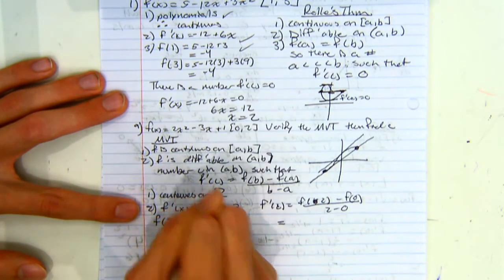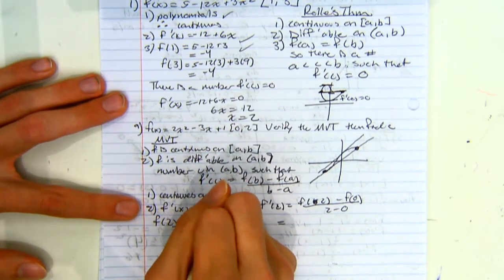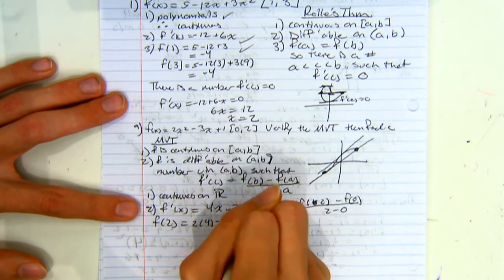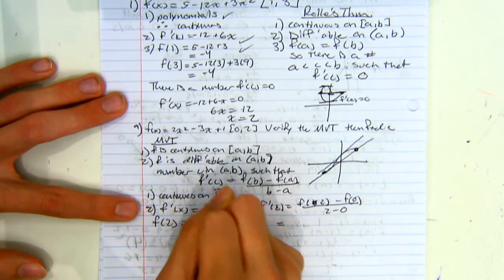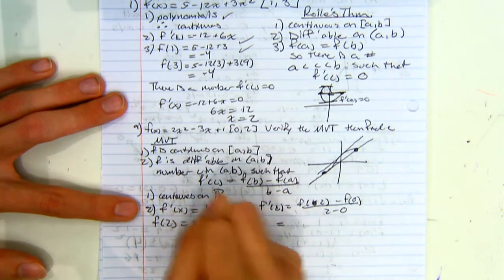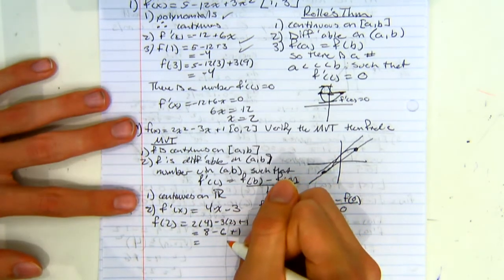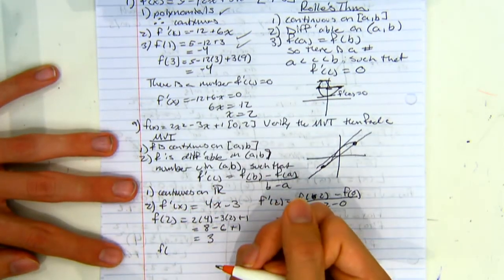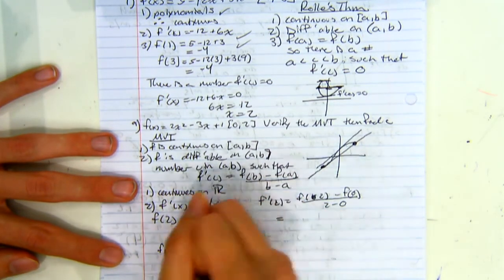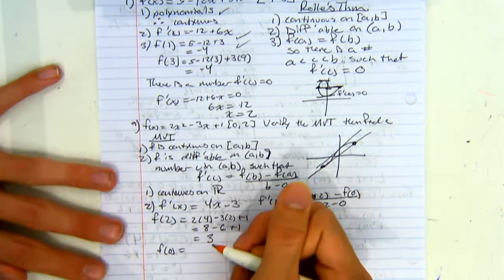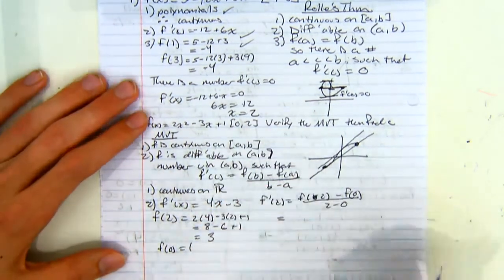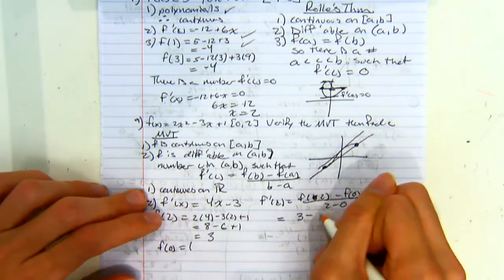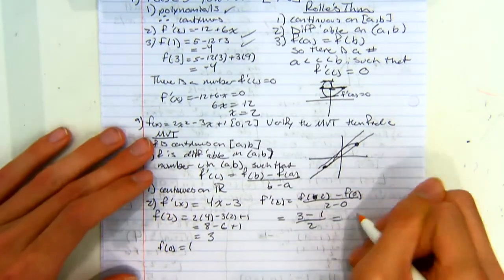So f of 2 is going to be equal to 4 minus 3, 2 plus 1, which is going to be equal to 8 minus 6 plus 1, which is going to be equal to 3. And then what was this one? A is 0, so we plug that one in, and we just get 1. So f of 2 is 3 minus 1 all over 2, which gives us 1.